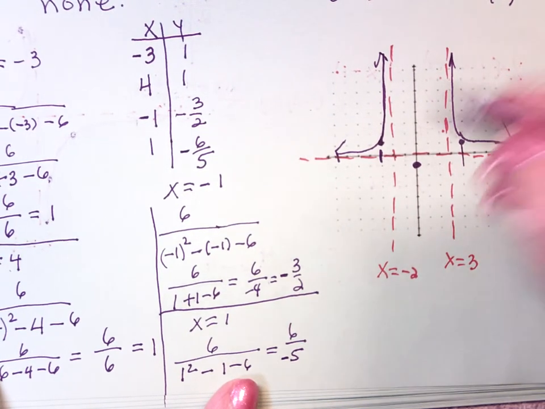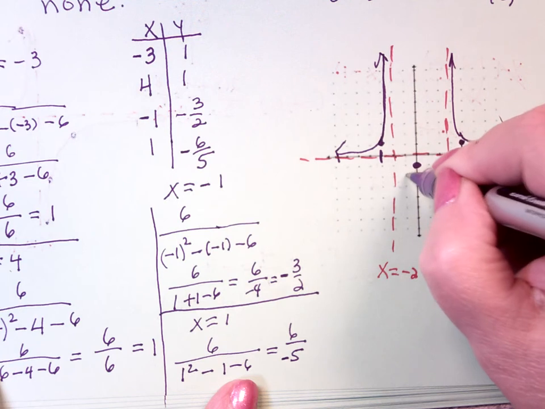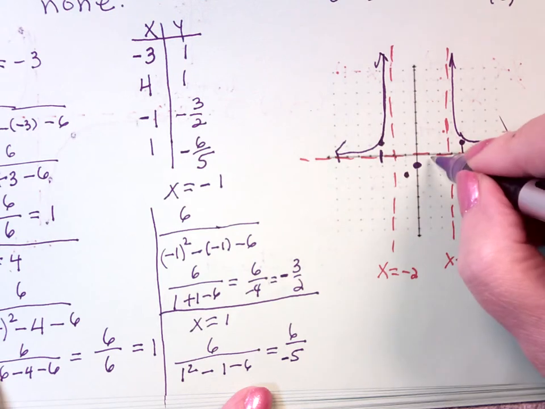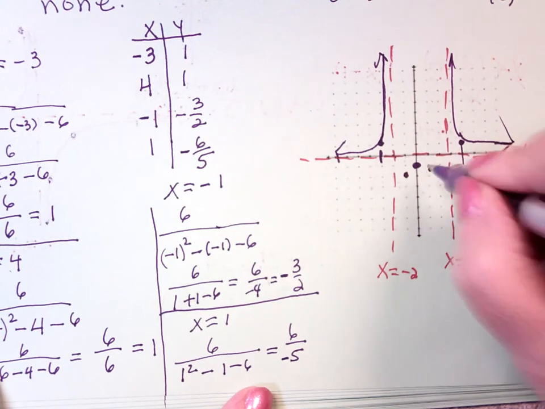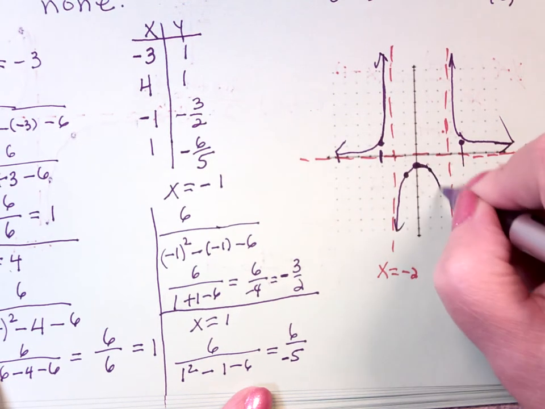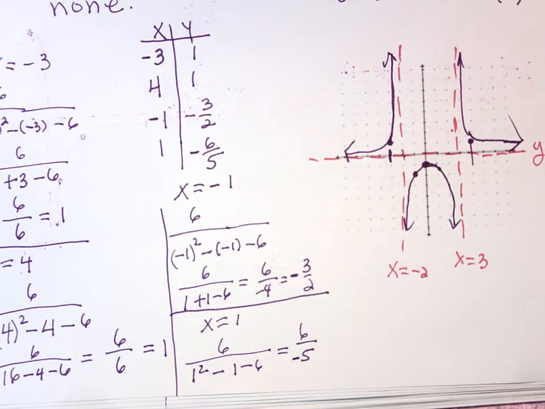And if x equals negative 1, y equals negative 1 1/2. And if x equals positive 1, y is negative 1. And here's your parabola. So that's what he looks like.